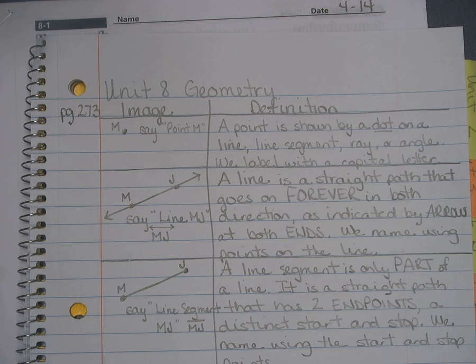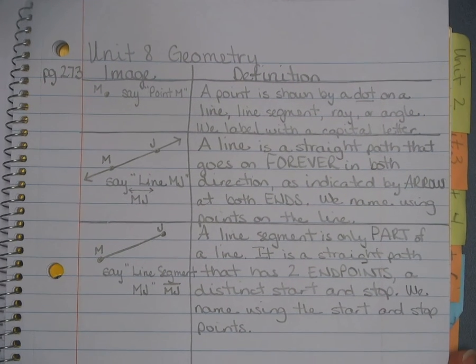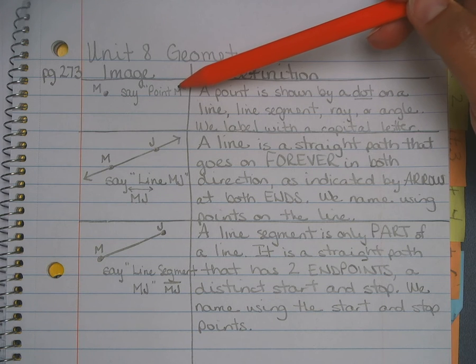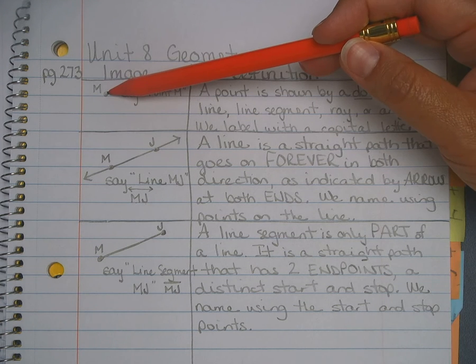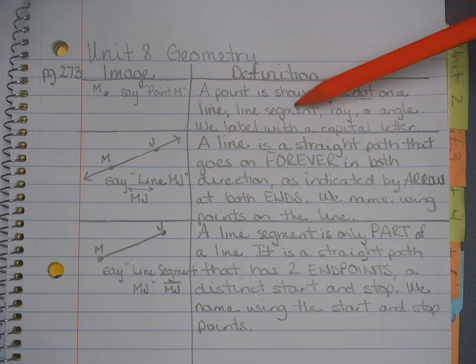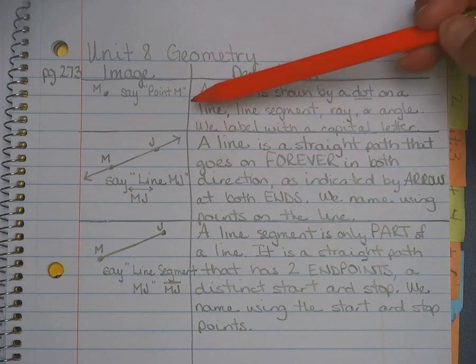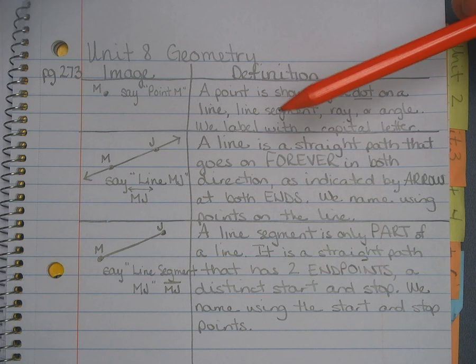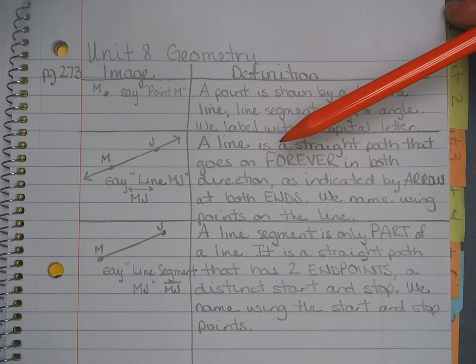Okay, so just kind of cruising through. Sorry, I'll adjust that a little bit. So we have points, simply a dot, if you will, labeled with a letter. They are always on a line segment, ray, or angle, and we use them to discuss that point, that shape, that line segment, ray, or angle.